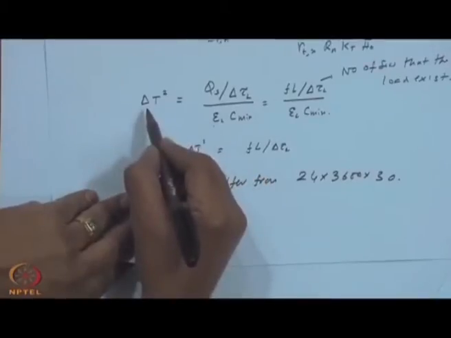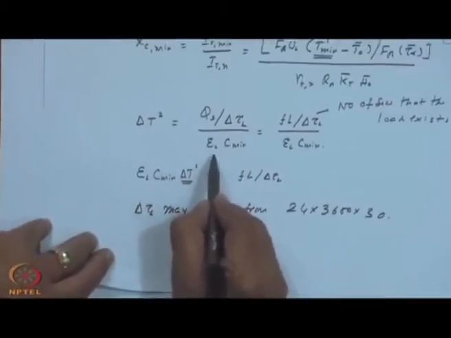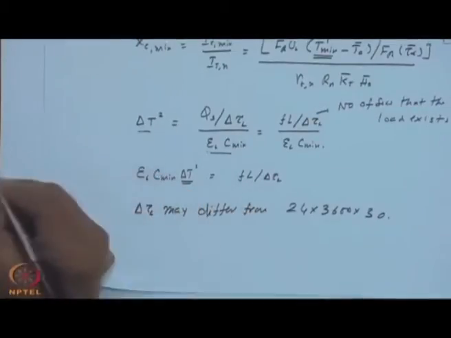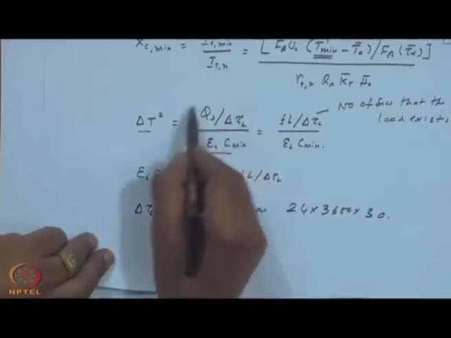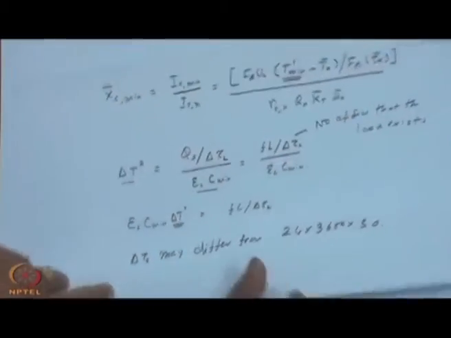The loss from the tank always takes place, whereas if there is no load, the heat exchanger does not operate. That is the reason. Epsilon L C minimum is a rate at which the heat exchanger is going to supply the energy. This is the rate at which the load is on the system.